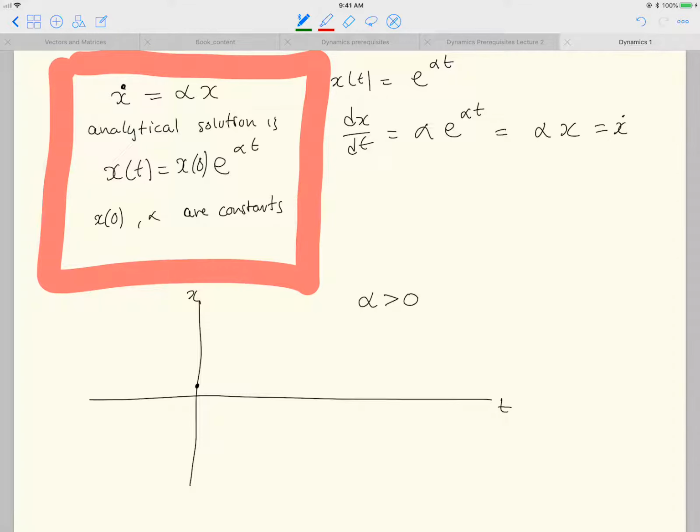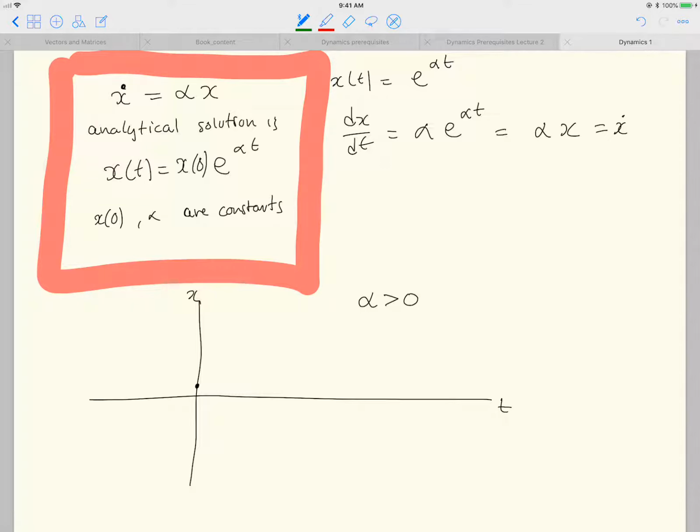I've told you that x of naught is positive, and now I'm asking you to plot e to the alpha t for alpha bigger than 0. I'm asking the person in the Princeton cap at the front, just roughly, would it get smaller? Would it get large? Yeah, it would grow exponentially, right?